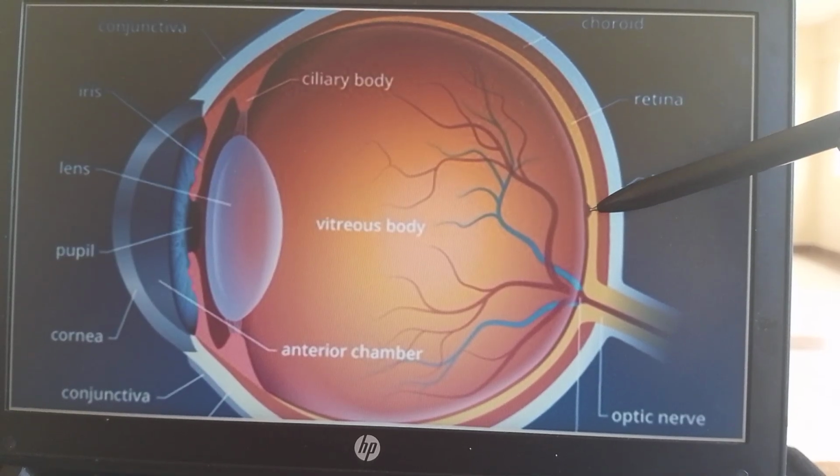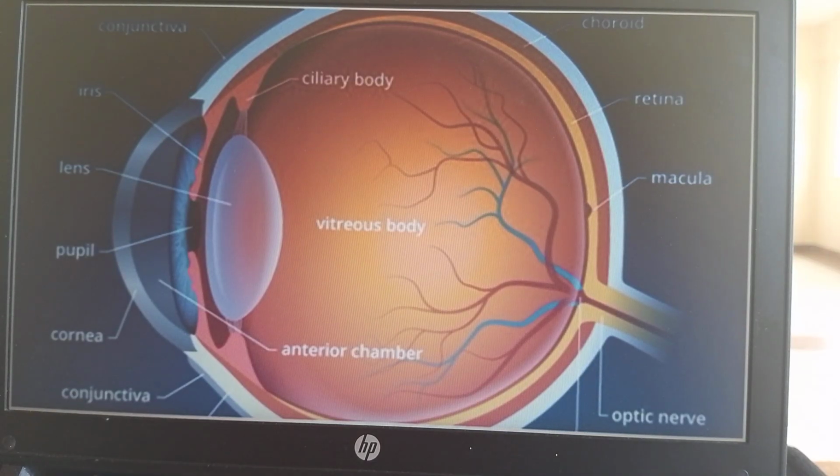We come to this point you see here. This point is called the macula. It has high concentration of photoreceptors, particularly the cones, that function to transduce light signals into electrical signals that are picked by the optic nerve and transmitted to the brain.